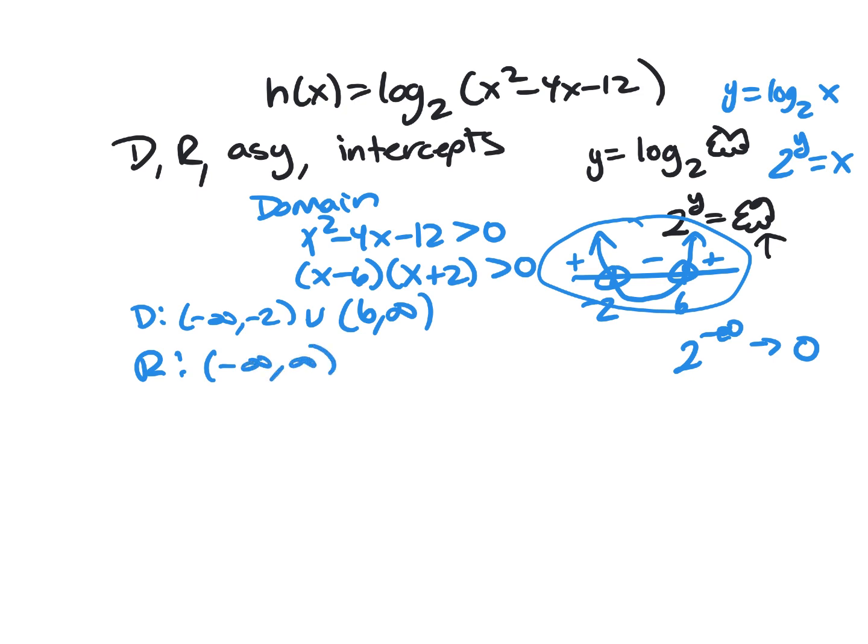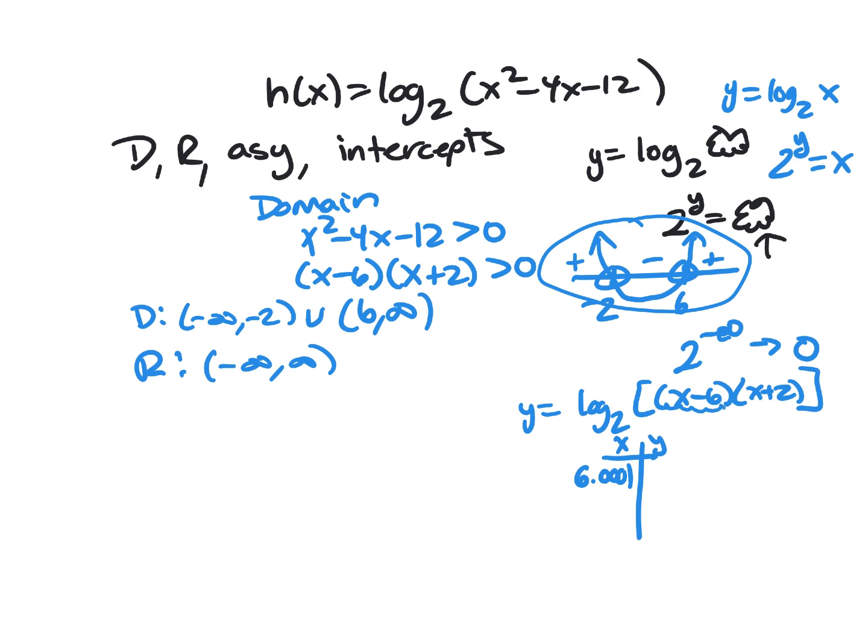Another way to prove that to yourself is to rewrite this problem as y equals log base 2, in factored form instead of the original standard form the quadratic is in. Say I'm doing a table and I put in 6.0001. Then this factor would be 0.0001, and this would be 8.0001.